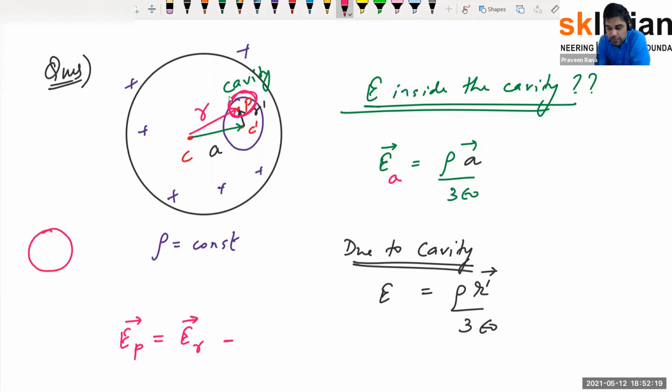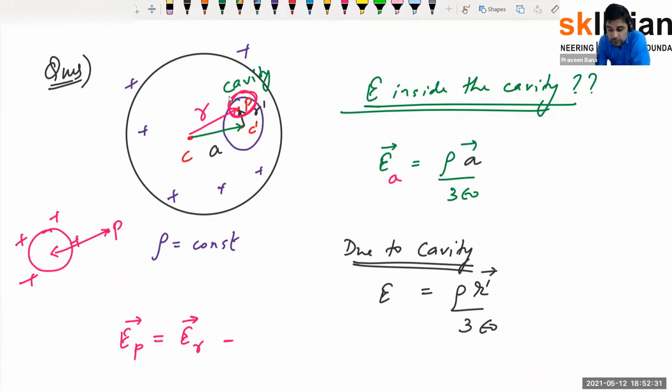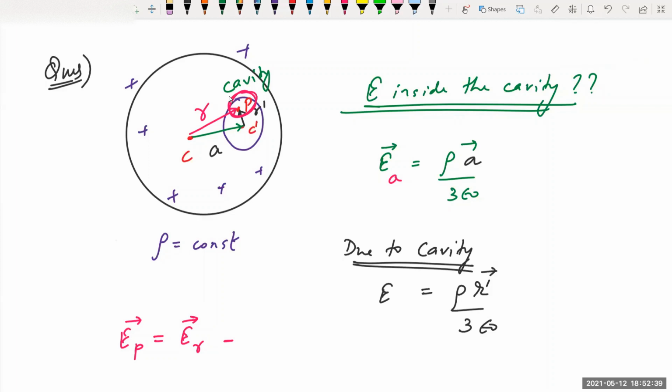Let's say we have a sphere with positive charge, and you know the electric field at this point P. Now, what happens if I cut this spherical charge? How would you find the electric field? You will just subtract the part that is removed.